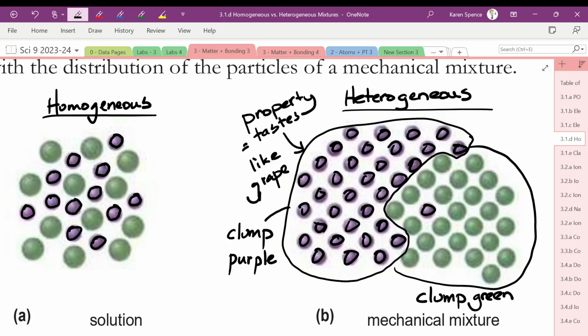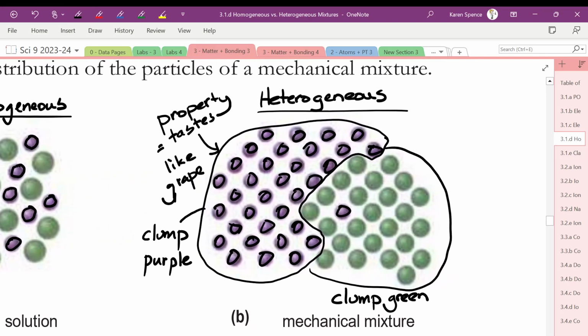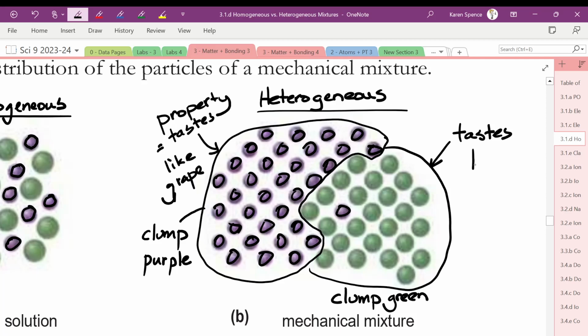The other area, because it's made of different stuff, is going to taste different. I mean, in all honesty, we're probably not going to be tasting our chemicals, and nothing's going to be tasting like grape, you know, but what do you think the green stuff could taste like? Could taste like lime, tastes like lime. So we have two different areas with two different properties.